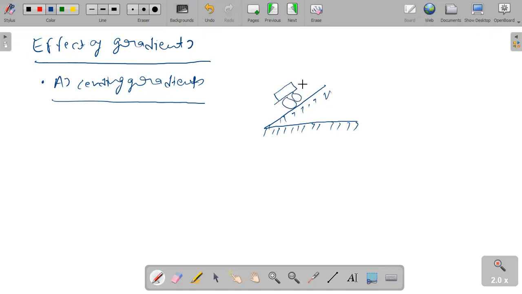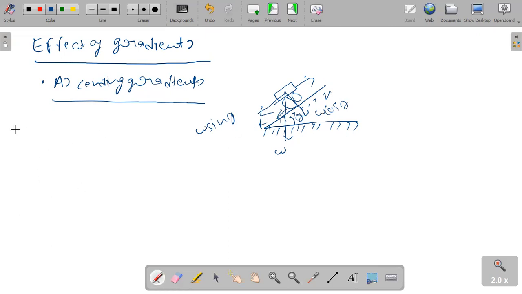If you draw the FBD of this, you'll get something like this: W cos theta, W sin theta, and here we'll get f. This is an ascending gradient.